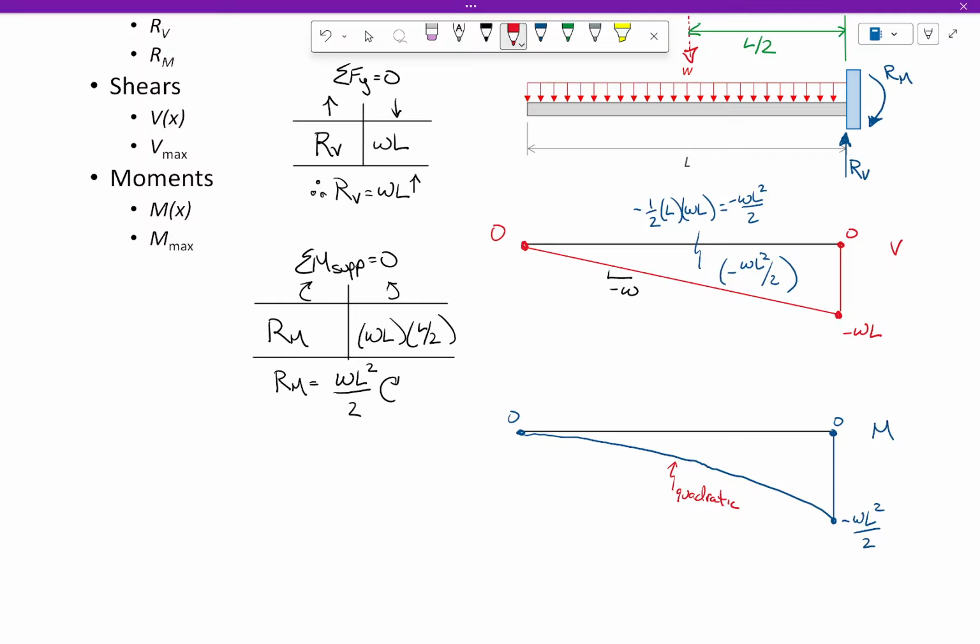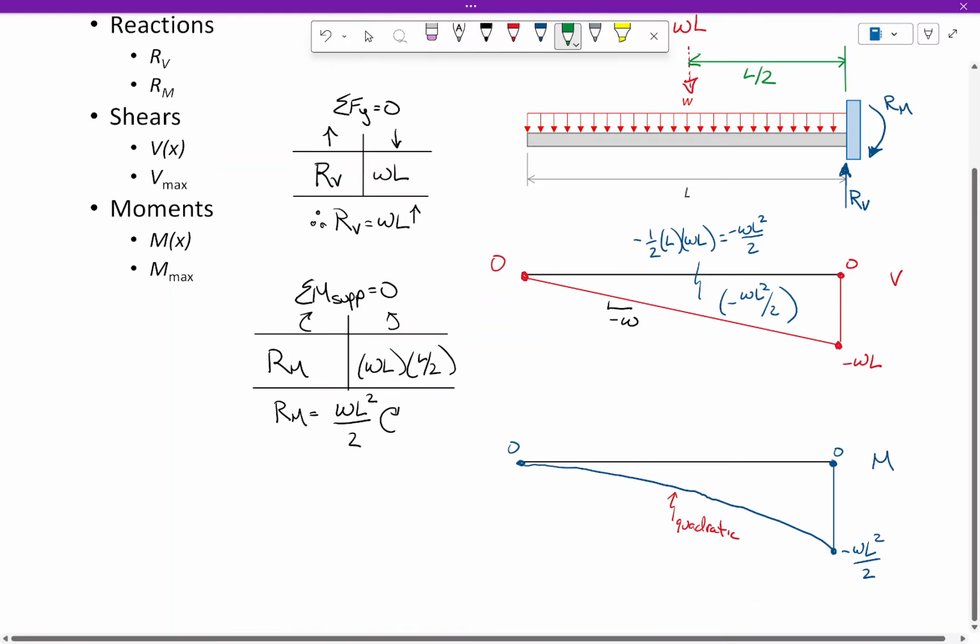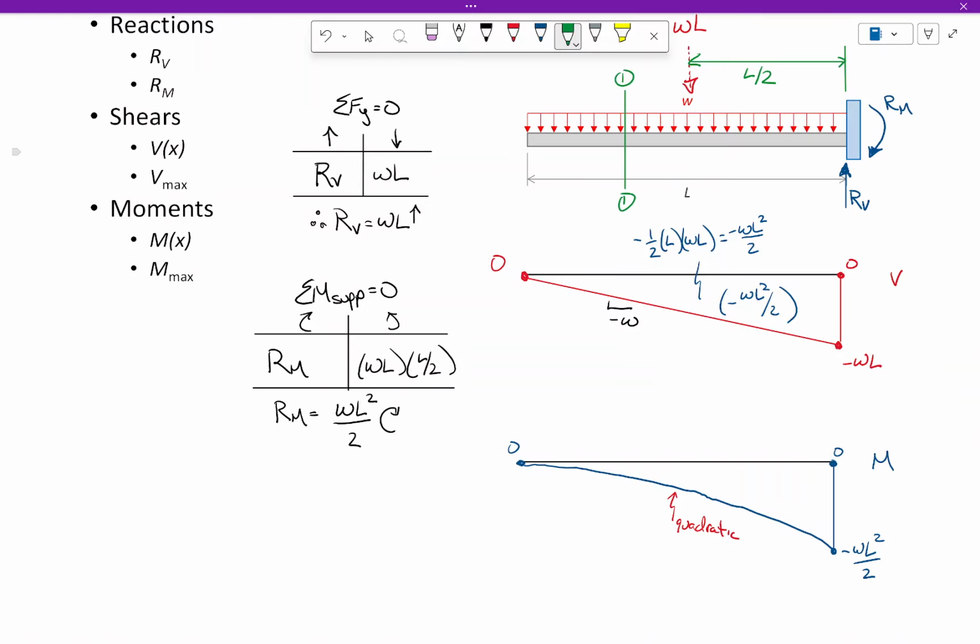Now, how do I get shears or moments as a function of x? Well, break out the samurai sword or lightsaber if I'm a sci-fi fan. Let's cut ourselves a little section through the beam. Which way do you want to look, left or right?